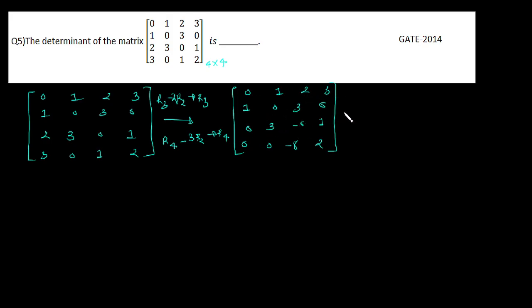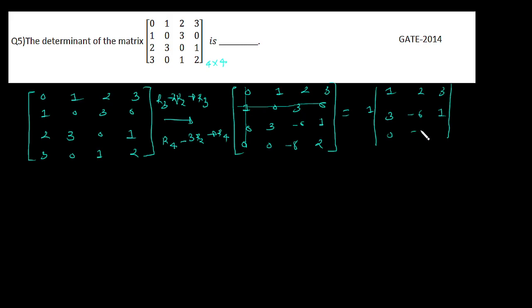So let's decompose it about the first column. Here we have 1 as it is. We have to neglect this row and this column, which contain this element. So we have to write the 3 cross 3 matrix which is left after deleting this row and column.